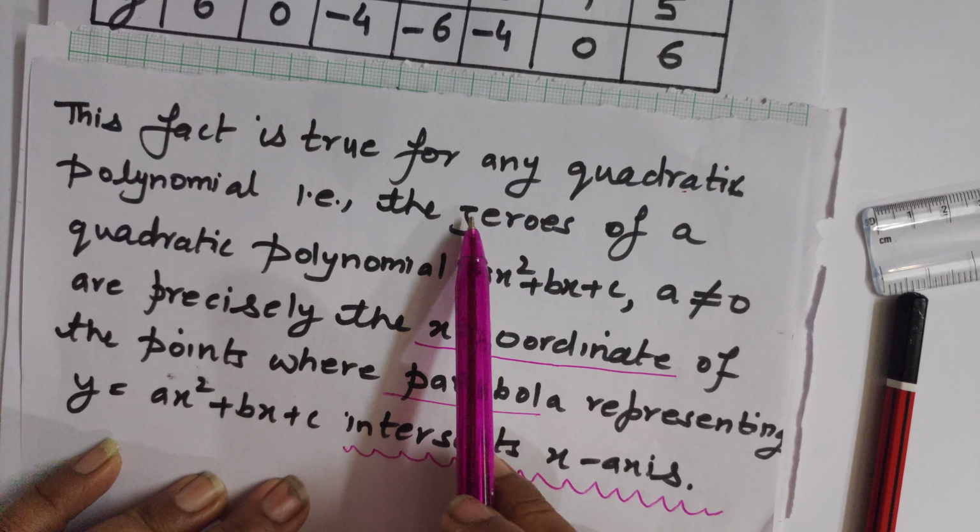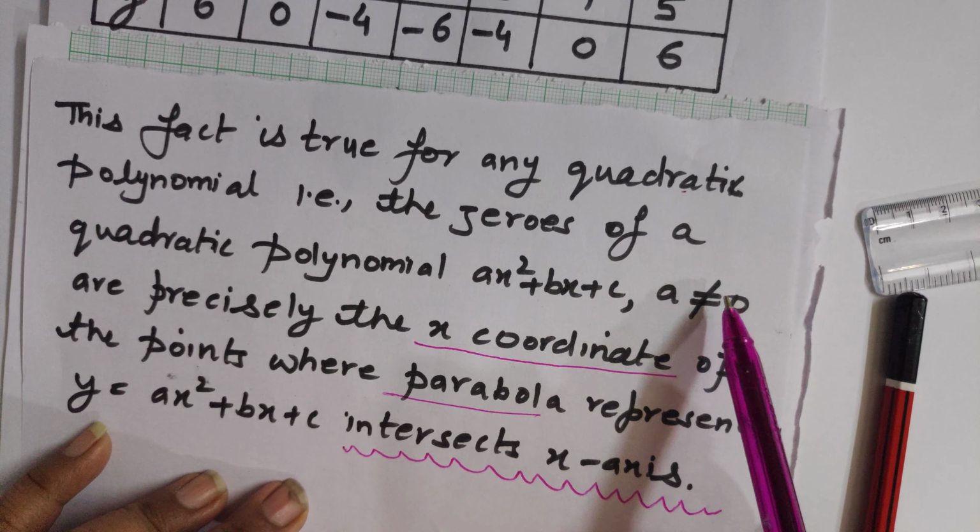Any quadratic polynomial, when we represent it on the graph, takes the shape of a parabola, and precisely the x coordinates of the points where it intersects the x-axis are the zeros of that polynomial. Here, -1 and 4, considering the x coordinate only, are the zeros of the given polynomial. This fact is for any quadratic polynomial.